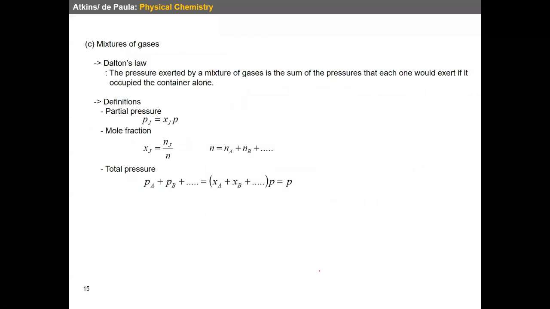Okay, so now I will talk about mixtures of gases. Until now, we have talked mostly about single gases in a system. But in a mixture of gases in a system, there are two different gases.